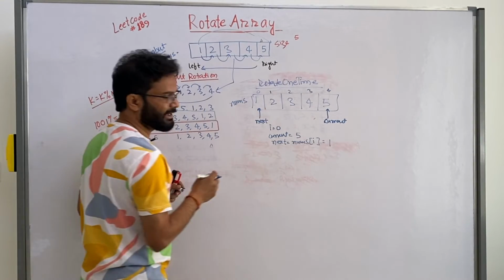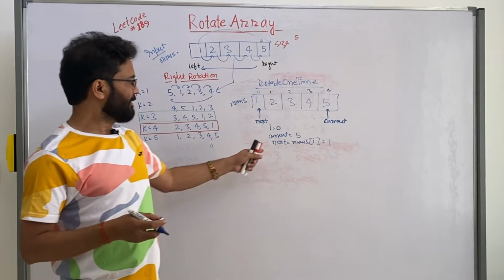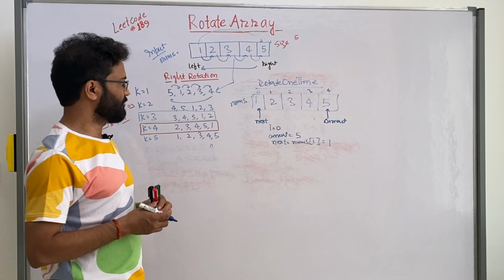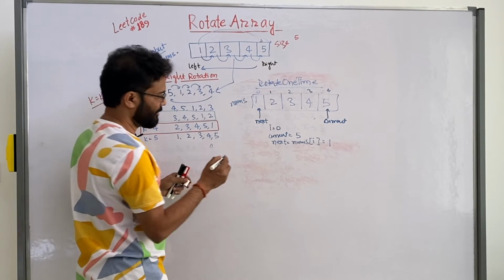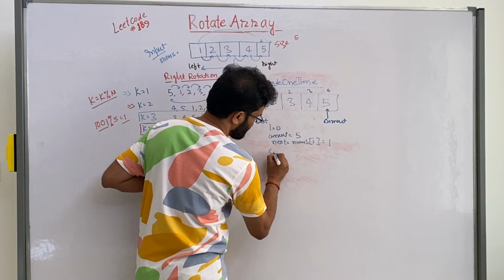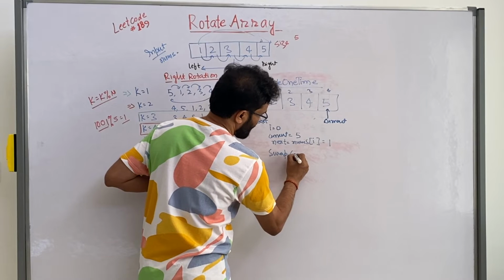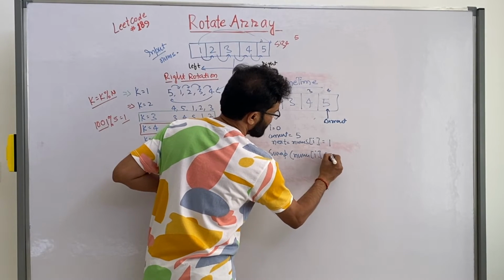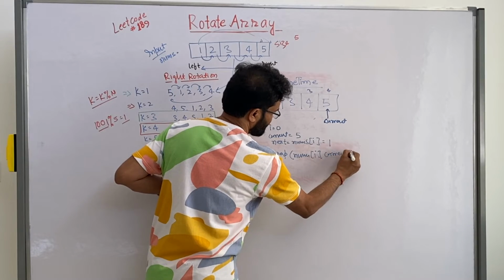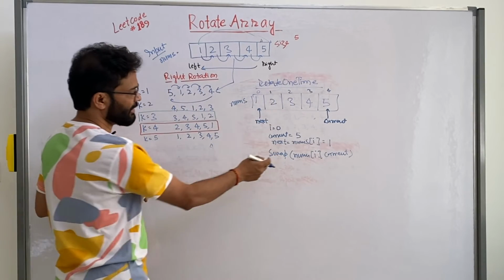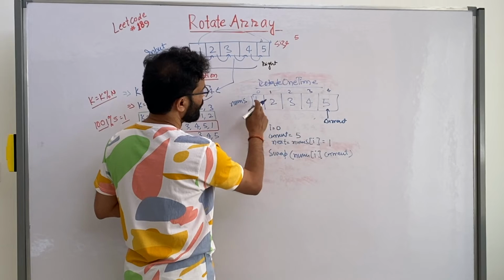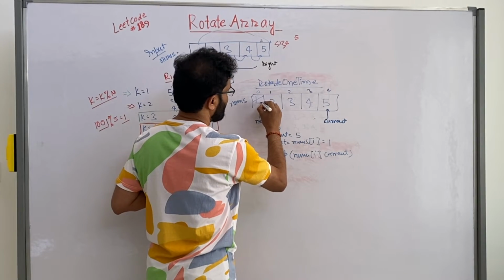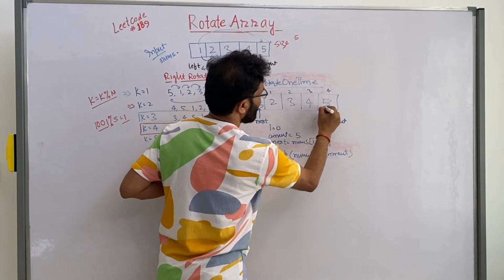So in the current we have the 5 and in the next we have the 1, and I is equal to 0. Now do one thing, swap nums I with the current. So what is nums I right now? 1. What is the current here? 5. Swap it. Make the 5 here and make the 1 here.